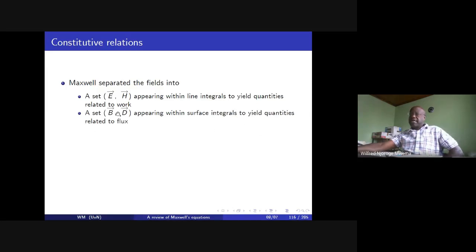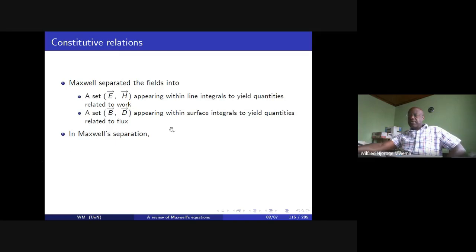Now, B and D appear in surface integrals and always yield quantities that are related to flux. Remember, flux is particles per unit area per unit time. That is, it's a flow of things, a flow of quantities, so to speak.